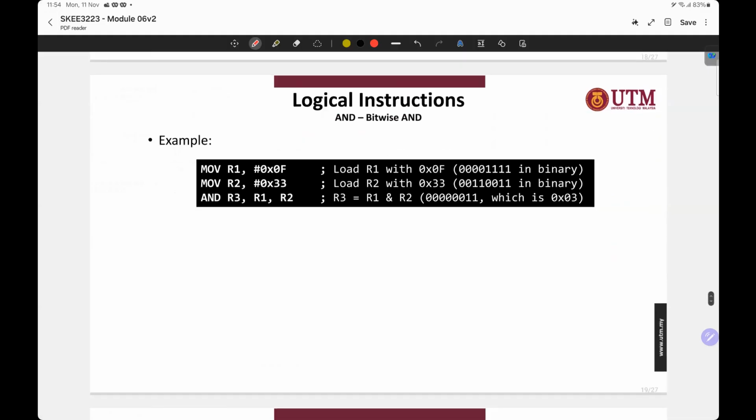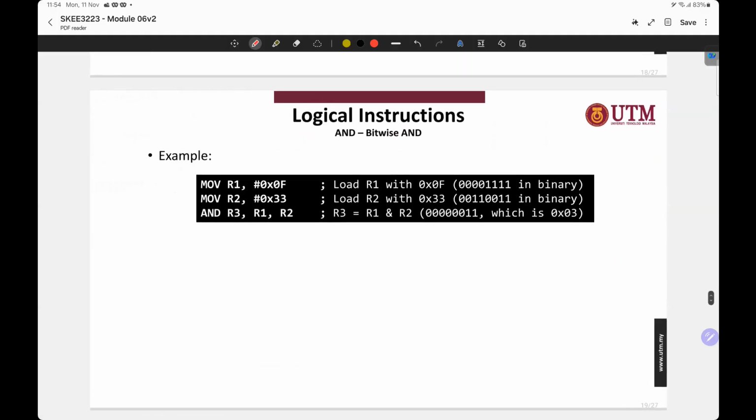Okay, now we're going to look at the examples here for the logical AND. The first instruction says MOV R1, hashtag 0x0F. As I mentioned previously, every time you see the hashtag, it means that it is an immediate value. And since this is a MOV, the immediate number that can be supported is up to 16-bit only.